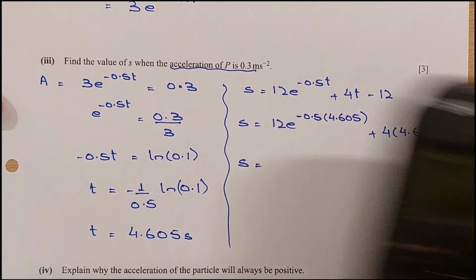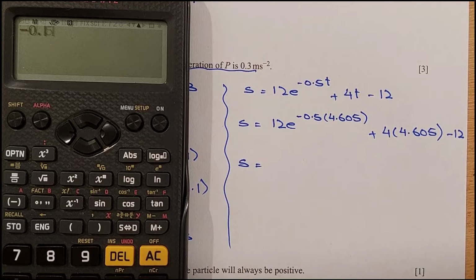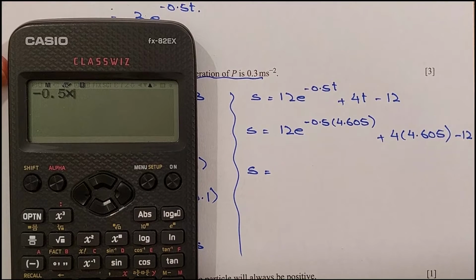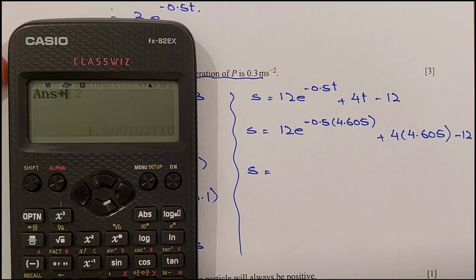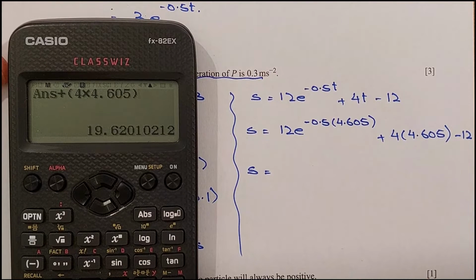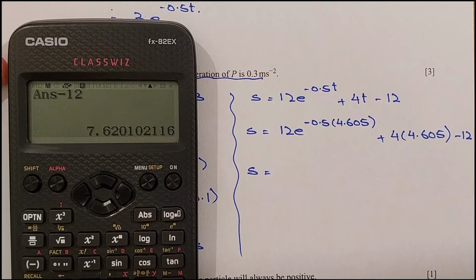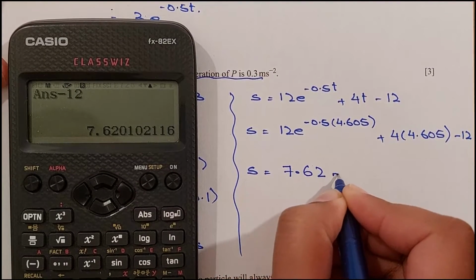So the value of s is, let me simplify, negative 0.5 times 4.605, e power answer times 12, plus 4 times 4.605 and negative of 12. This is 7.62 meters.